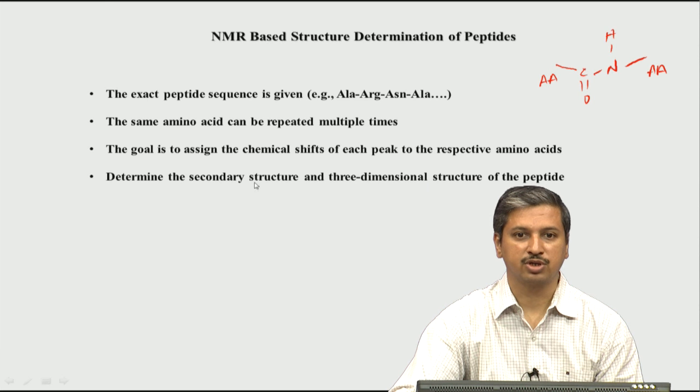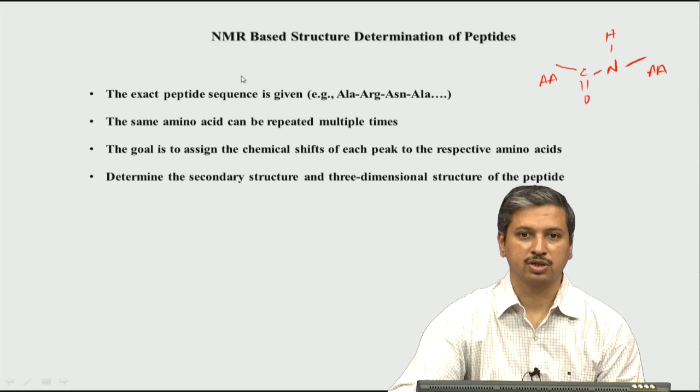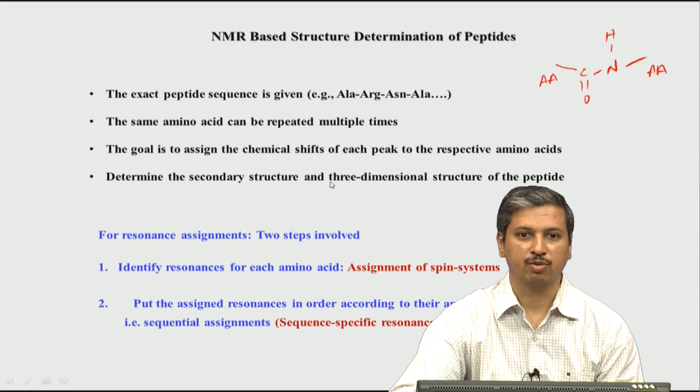Structure means there are two types of structures in peptides and proteins. One is secondary structure, that is alpha helix and beta sheet, and the final structure is the 3-dimensional structure of the peptide. So, this is the basic objective in looking at the structure of a peptide.